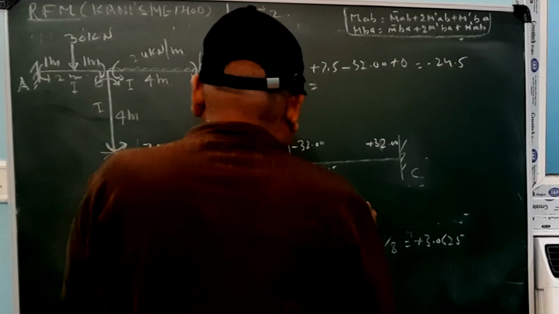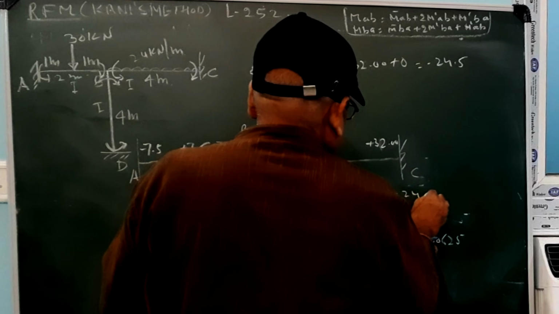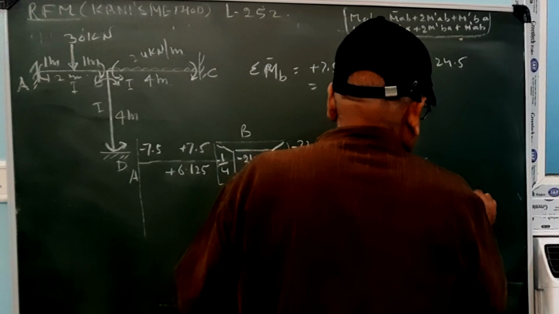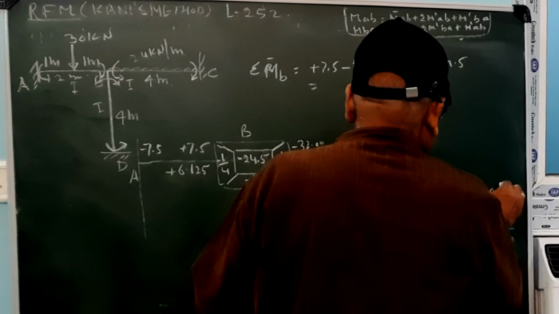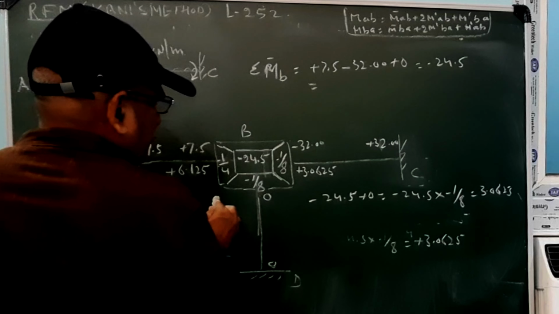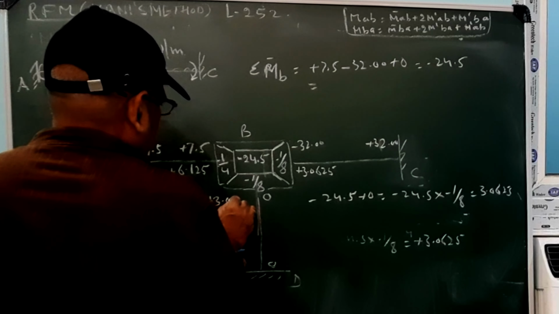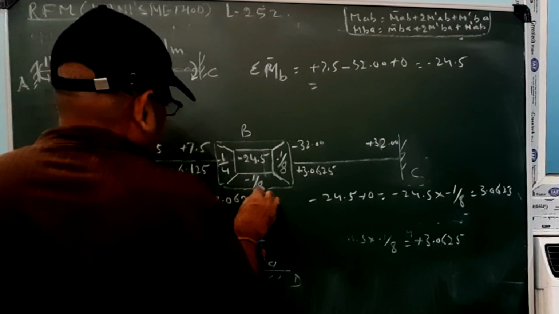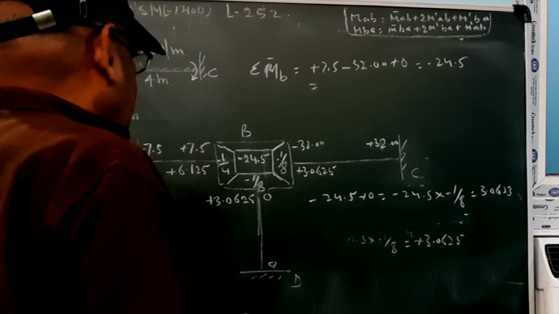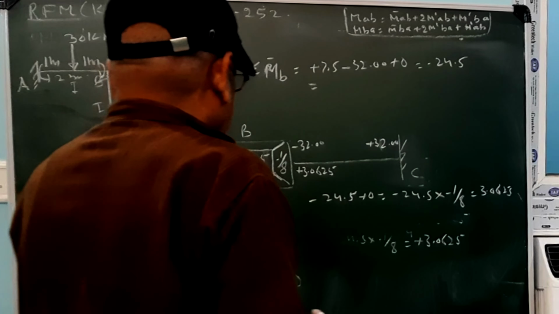There is no addition, 0 plus 0, that is minus 24.5 into 1/8. So this is also plus 3.0625, and this will be 0.